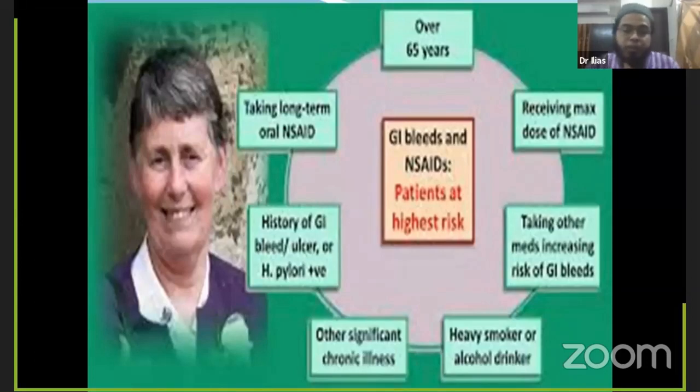So whenever we find these kinds of risk factors in the patient, it is better to avoid the prescription of the NSAID. Otherwise, the patient will have side effects in the form of gastromucosal bleeding, or hematemesis or melena, or sometimes a history of hemoptysis.